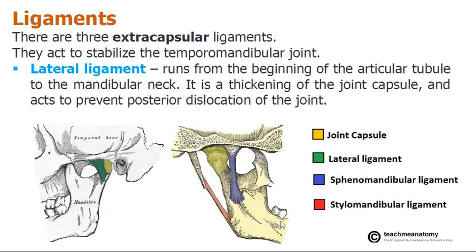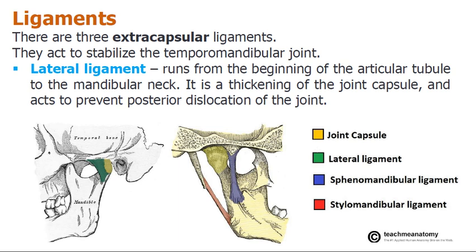Now the ligaments. As we mentioned in the previous lectures, each joint in the body has factors of stability, including muscular factors, bony factors, and ligamentous factors. So the ligaments concerned with the stability of the T.M. joint are the following.